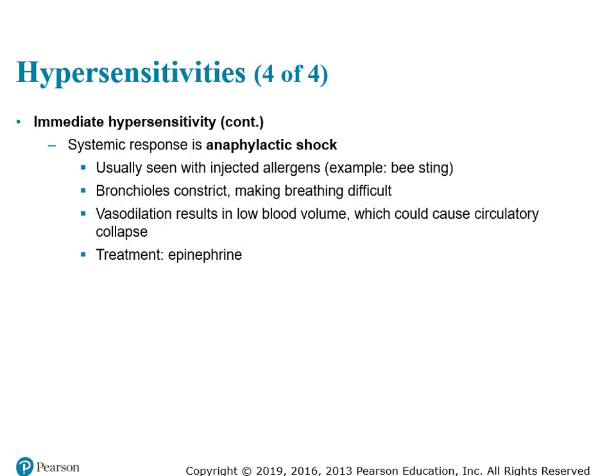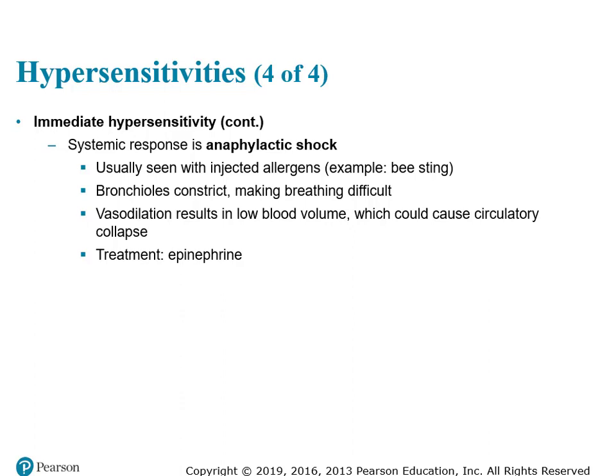Now, if you have systemic immediate hypersensitivity, it leads to anaphylactic shock, which is absolutely dangerous for health because inflammation is what? Vasodilation. And if you have systemic vasodilation, blood pressure drops. And also you have edema, so you can't breathe when you have anaphylactic shock. And with vasodilation, blood pressure drops, organs are not getting enough blood, so you now have organ shutdown.